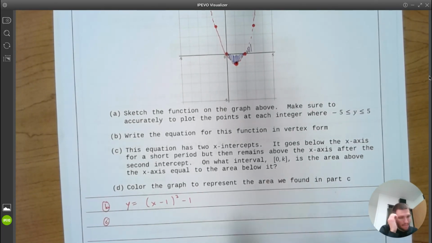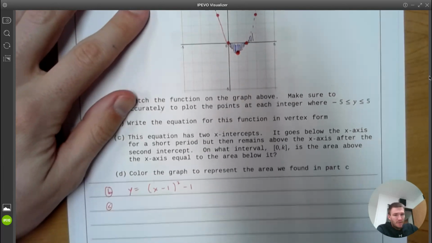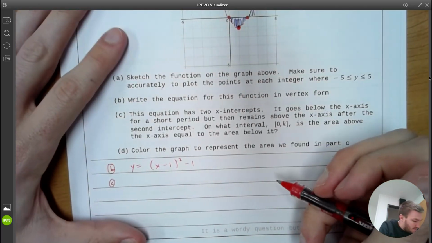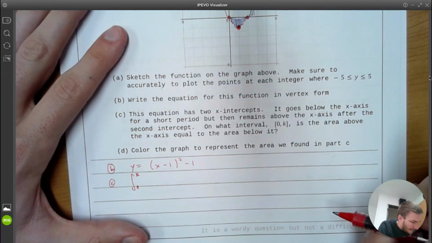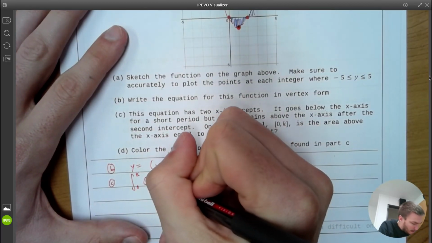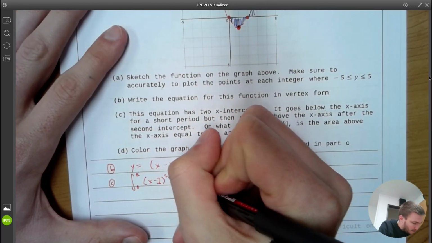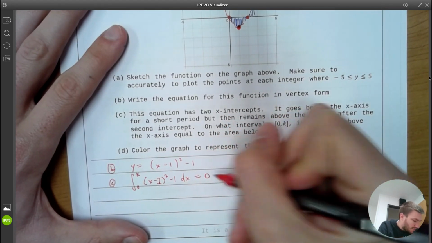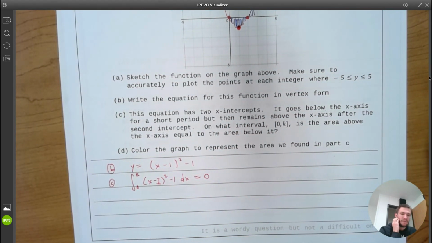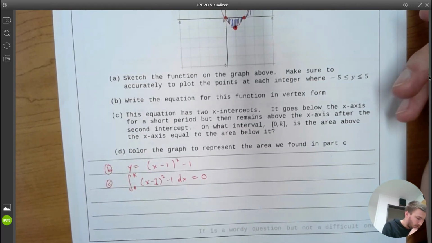Well, that means that my area under the curve would be 0 if the below and above were equal to each other. So what I'm going to do here is set up a little integral from 0 to k of x minus 1 squared minus 1 dx, and that's equal to 0 because my area above and below are equal to each other.